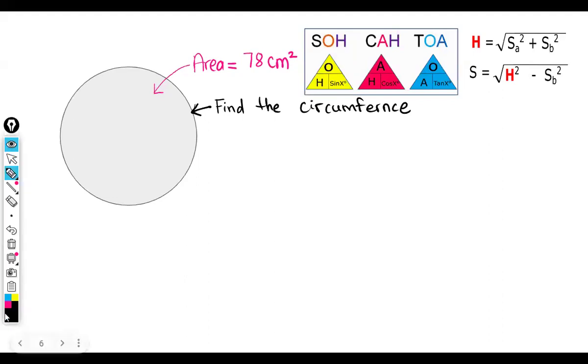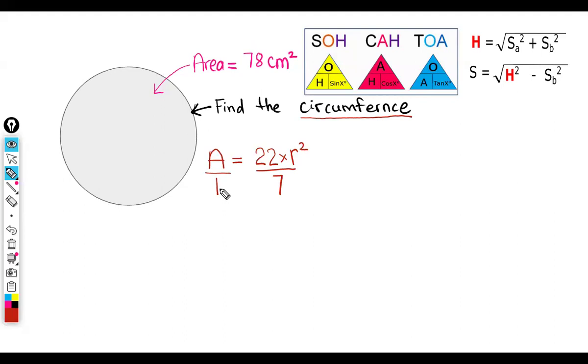Keep in mind, the aim of the question is to find the circumference. So that's my final answer. So let's put down the formula for the area. Now, the area of a circle, if you put the r squared on top, is 22 multiplied by r squared divided by 7. And we say A, or area, is the same thing as area on 1.